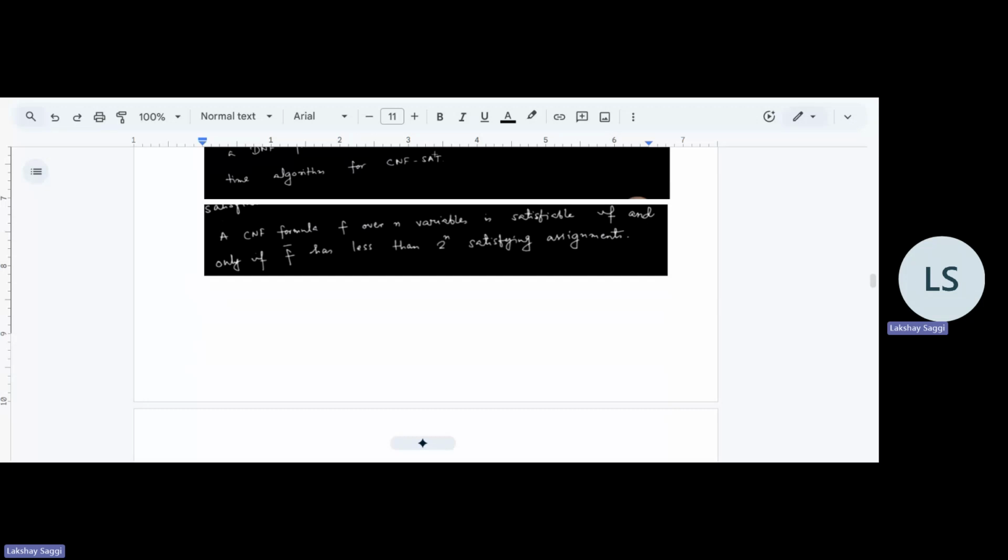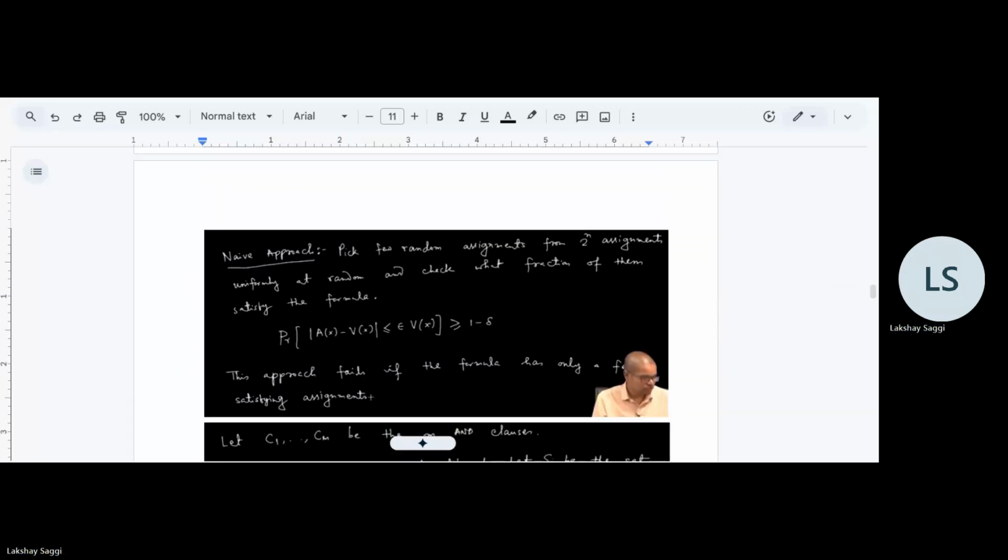for the DNF counting problem. Given a DNF formula, how many inputs satisfy it? Can we find an approximation to the actual number of inputs which satisfy the DNF? So what's a naive approach?